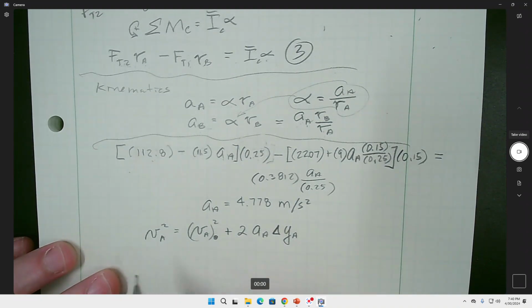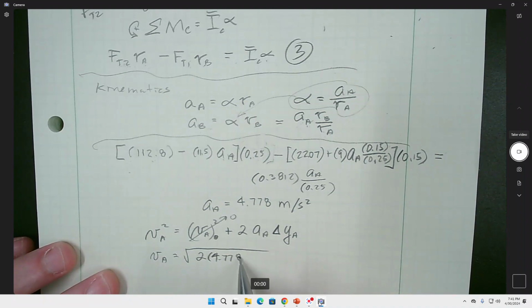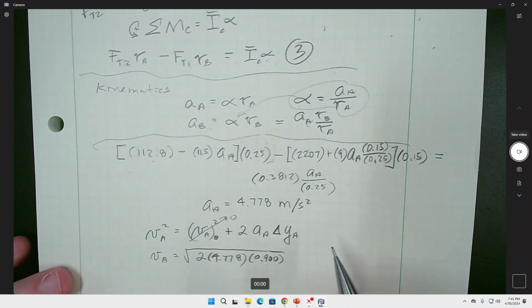So, a lot was said there. So anyway, we're basically going to take, we know v_0 is 0. So 2 times 4.778, and this is 0.9. Wasn't that 900 millimeters? Sure.